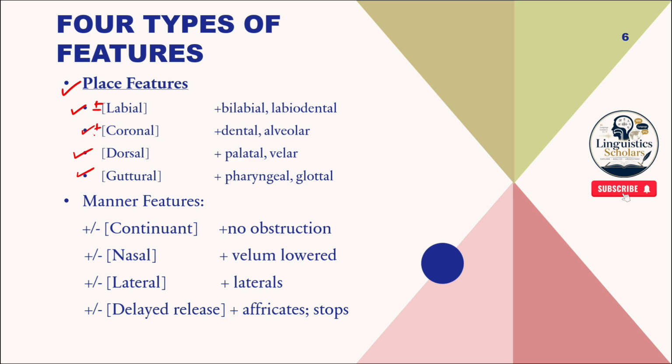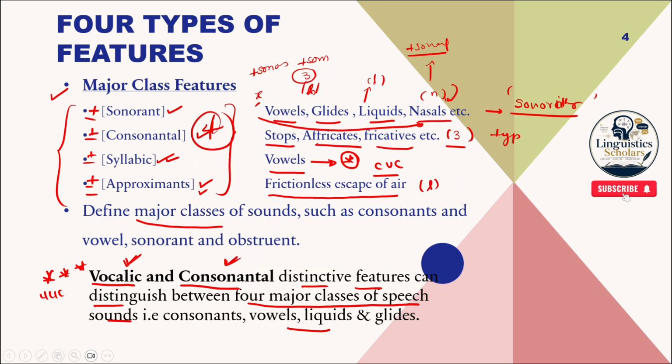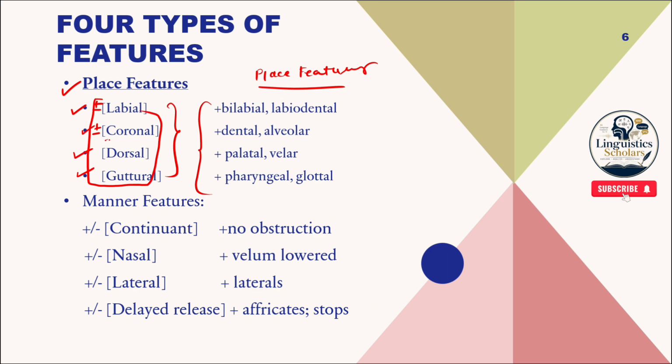Plus and minus can be used when referring to these, but in most cases we do not use them with them. Instead we use them with the place features. As you can see here, the labial sounds are where the lips are involved. The two such kinds of sounds produced are bilabial and labiodental.